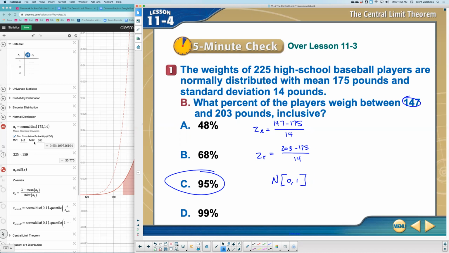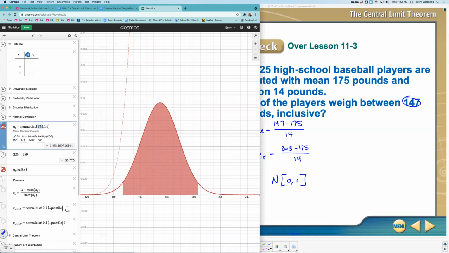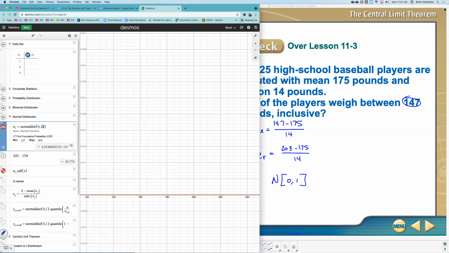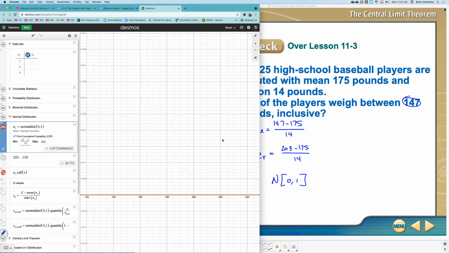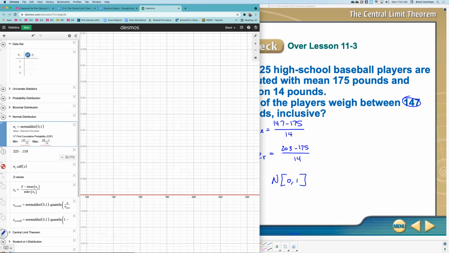So I'm not even sure what those Z-score values are, but I'll type them in as we go here. That's a 0. This is a 1. And what I should have here is 147 minus 175, and all of this would need to be divided by 14. And on the other side, I take almost the same numbers. The only thing different is I changed the numerator of the 147 to a 203.